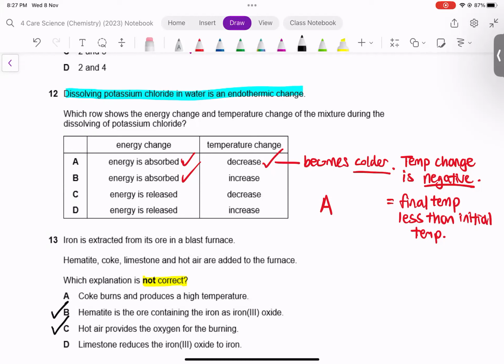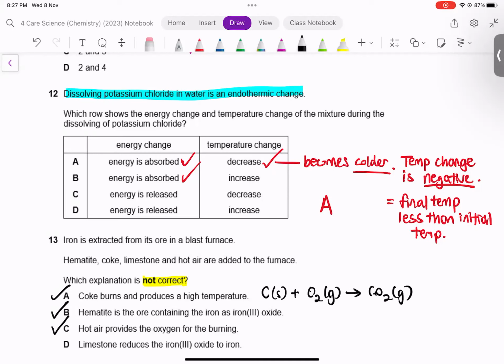These are quite obvious. If you have revised the blast furnace, hematite is the iron ore, contains iron(III) oxide. Hot air contains oxygen for the burning. Now, A is also true. Coke burns in hot air. We know that. Coke burns in hot air, the oxygen in hot air to form carbon dioxide.